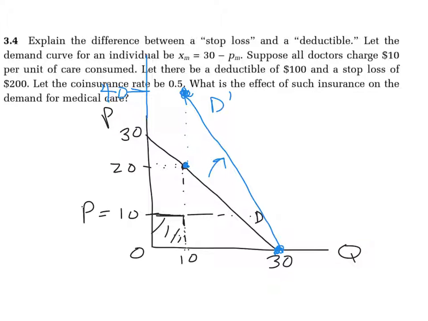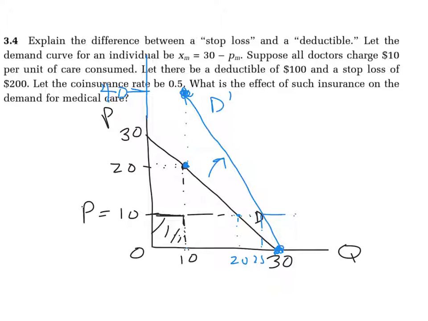That's the insurance demand, the healthcare demand that the insured individual would bring to the doctor's office. And then you would ask, well, how much would they use? Notice that if they didn't have any insurance, they would use 20. And the question is, what is this point on the demand curve? It turns out this point is 25.